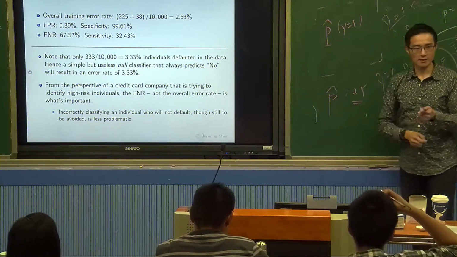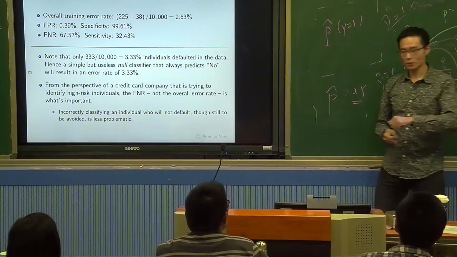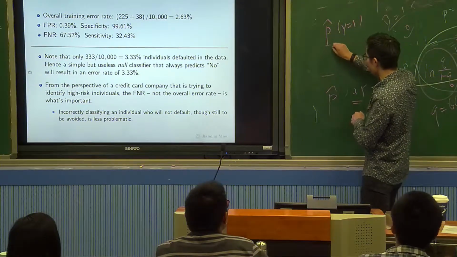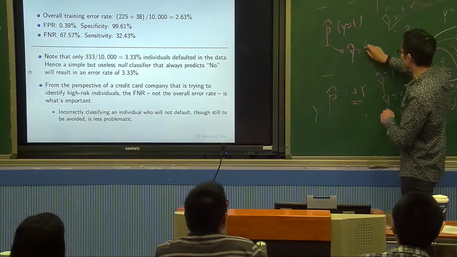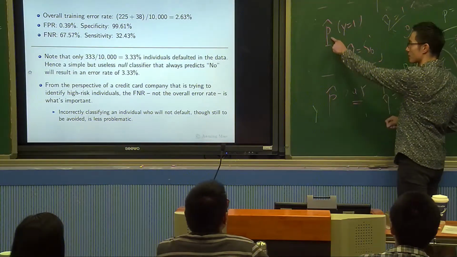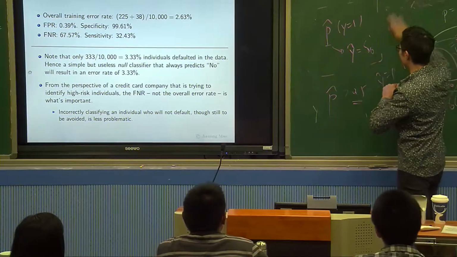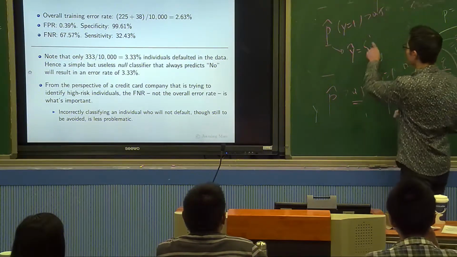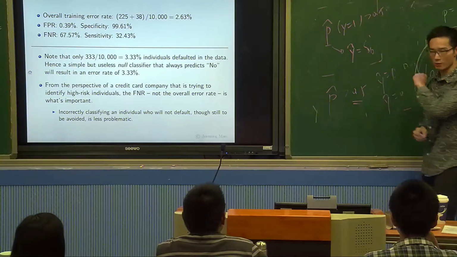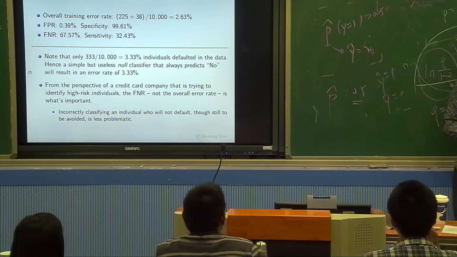Based on this p hat, I need to make a prediction of y hat, saying y hat is equal to 1 or 0. So far, we have been saying that if p hat is larger than 0.5, it's 1, and smaller than 0.5, it's 0. How can I minimize the false negative rate?